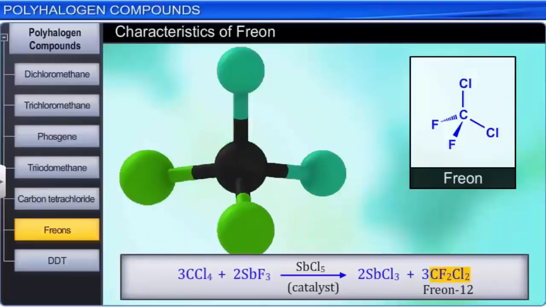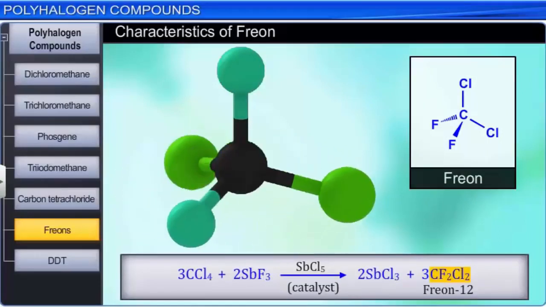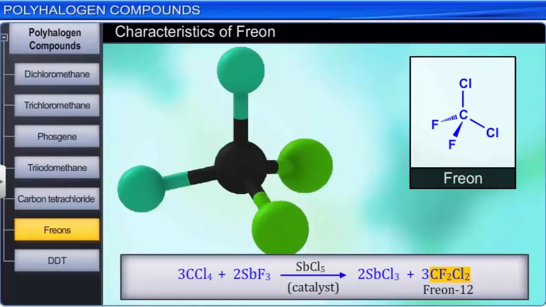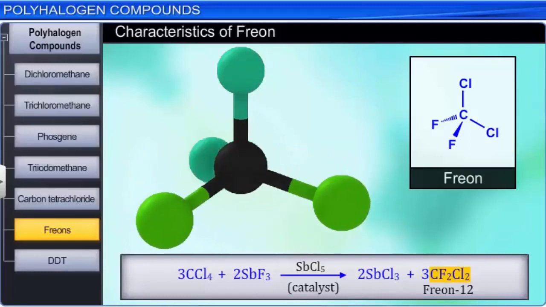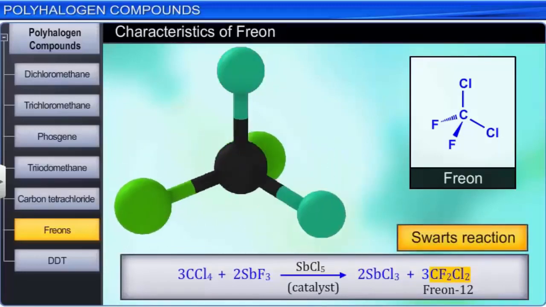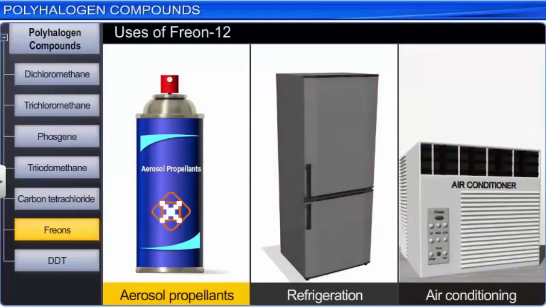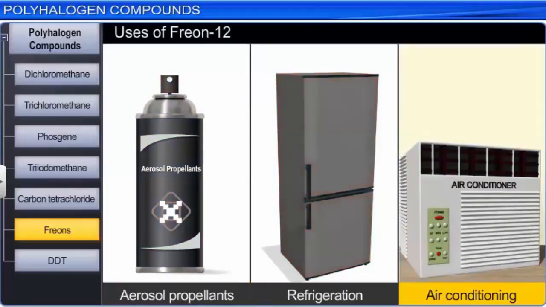Freon 12, illustrated here, was one of the most commonly used freons in the industry. It is manufactured from carbon tetrachloride by the Schwarz reaction. Former uses of Freon 12 included aerosol propellants, refrigeration, and air conditioning.